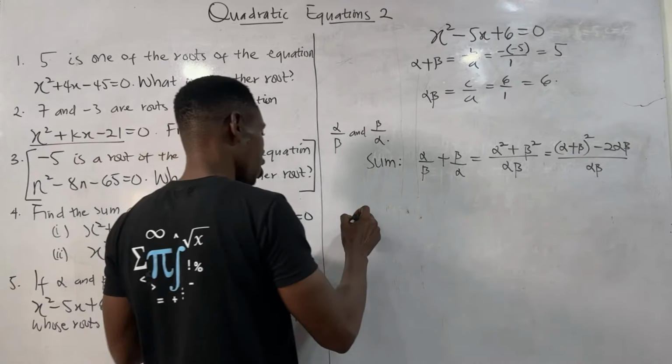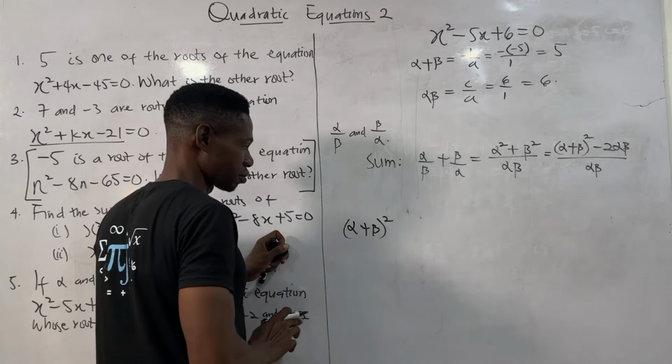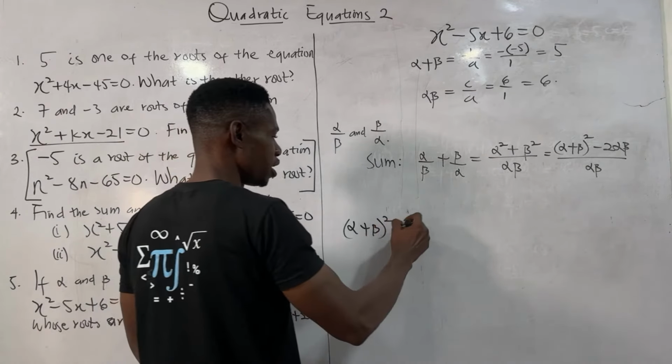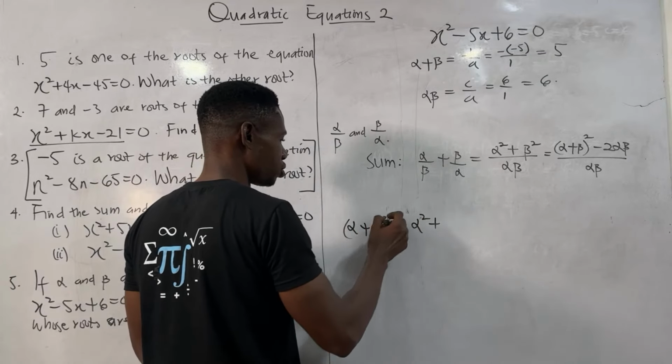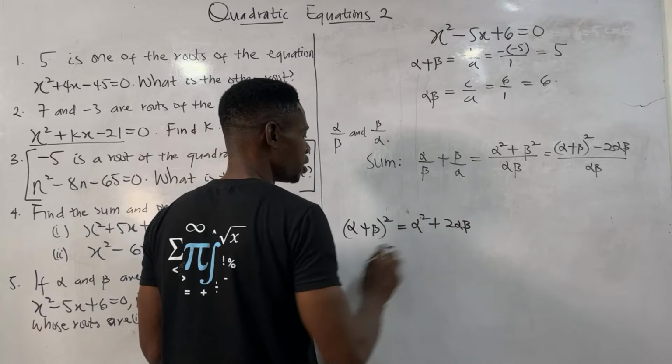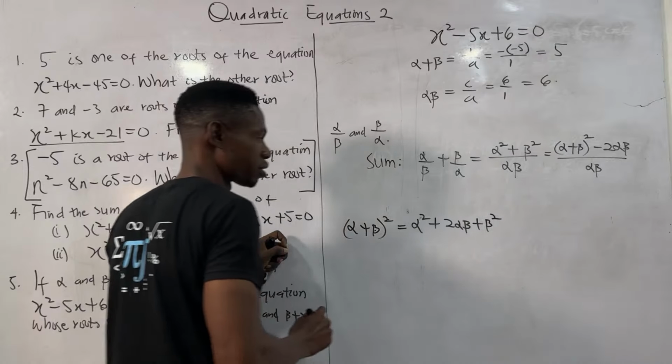Now, know that if you have, let's say, alpha plus beta square, if you expand this, it will give you alpha square, plus, if you multiply alpha, beta, and 2, you have 2 alpha beta, plus beta square.